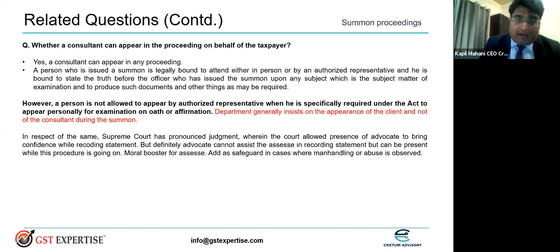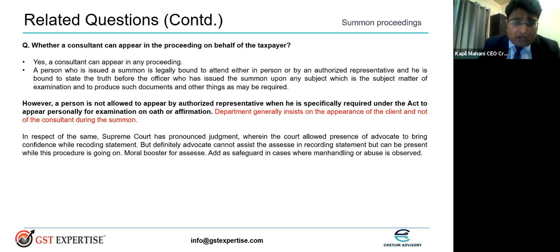Section 70 gives the power to an authorized representative, which is also defined under the GST, and even includes chartered accountants, lawyers, and other professionals specified under the law. But the department may generally insist on the appearance of the client and not the consultant, because they want the CFO or director of the company to be present.